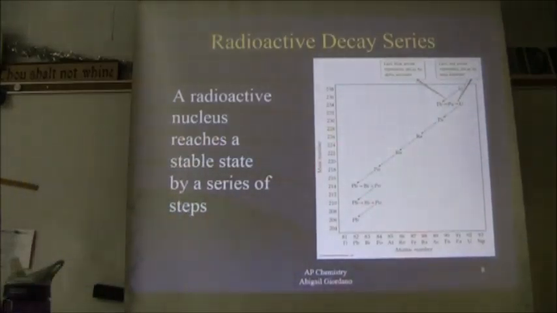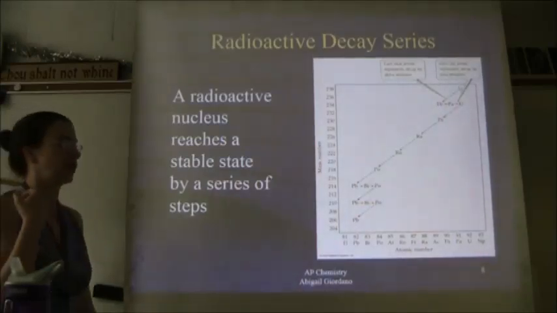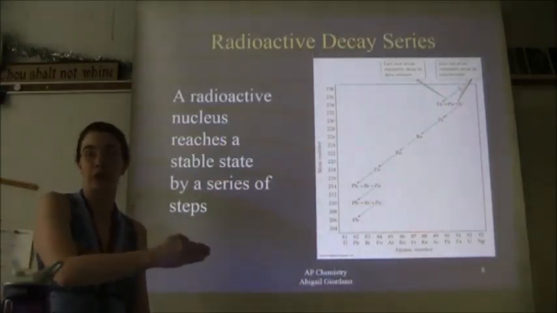These radioactive particles, like an alpha particle, a beta particle, some are more dangerous than others. The smaller the mass, the more dangerous they are to humans, okay? The smaller the mass, the term they use is the greater the penetrating power.